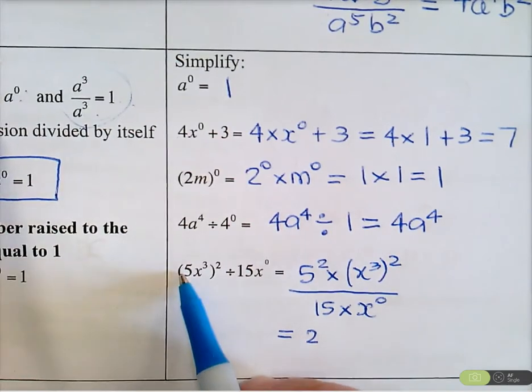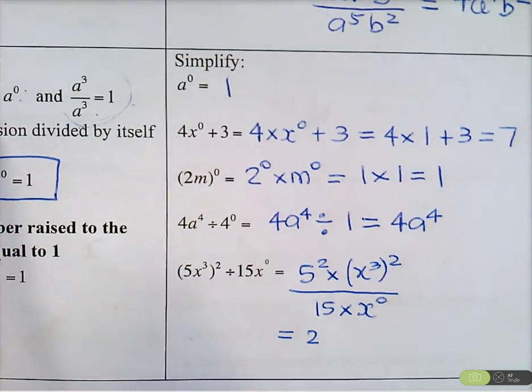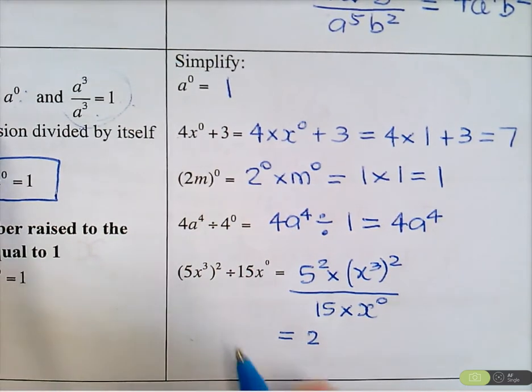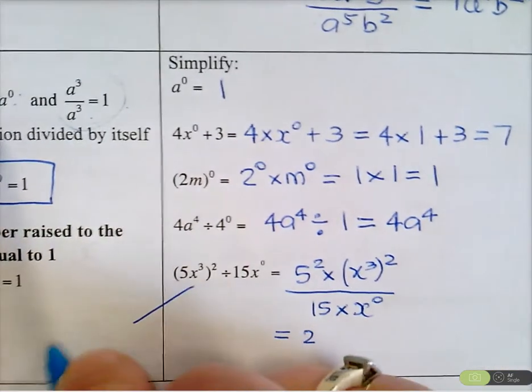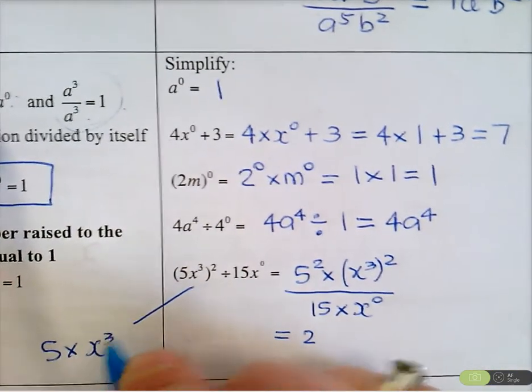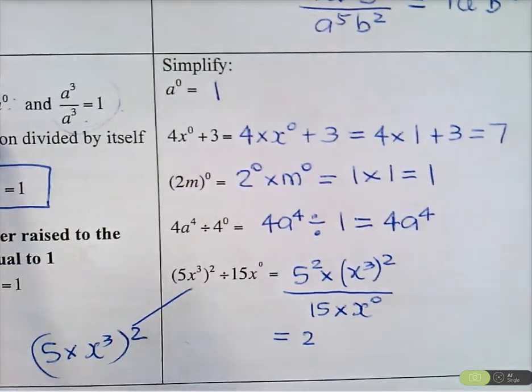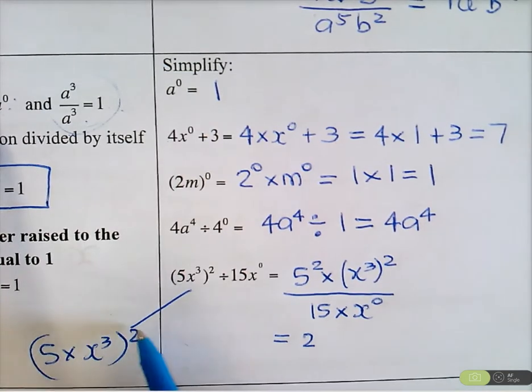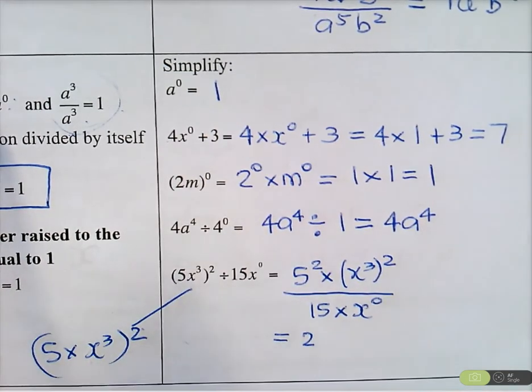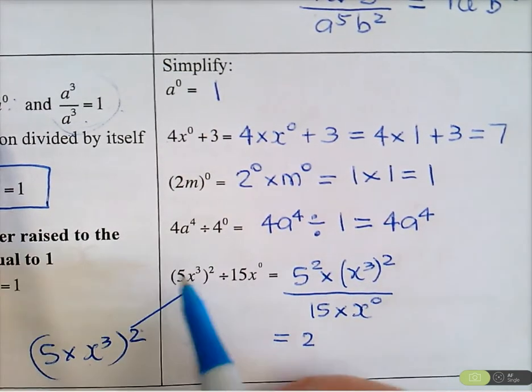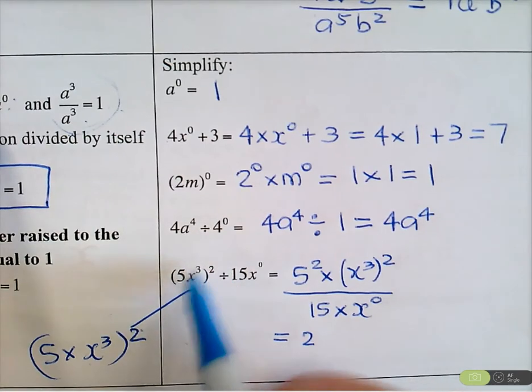Because everything in the brackets is to the power of 2. No. That means 5 times x cubed, squared. There is a times symbol between the 5 and the x cubed. So the 5 is squared and the x cubed is squared.